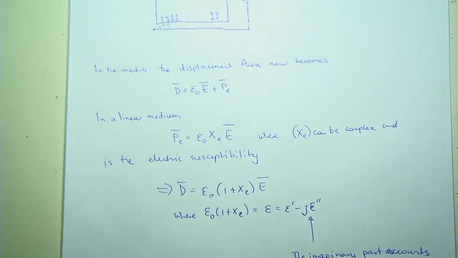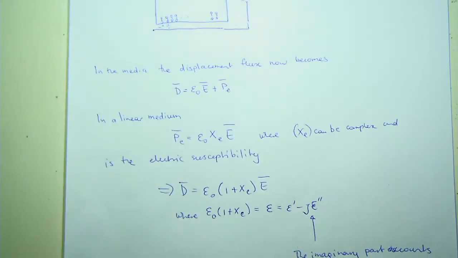I'm just writing down the permittivity of this particular material, and with a bit of hand waving, I've said I can rewrite that as something which has a real component and an imaginary component.